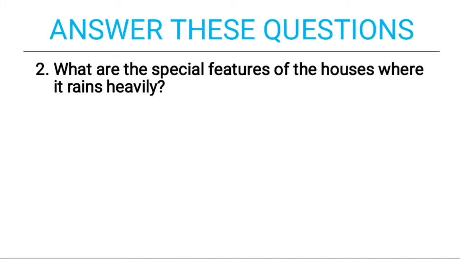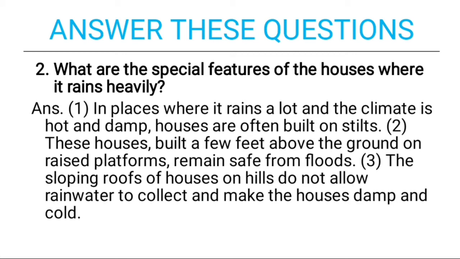Second question, what are the special features of the house where it rains heavily? In places where it rains a lot and the climate is hot and damp, houses are often built on stilts. These houses are built a few feet above the ground on a raised platform so that they remain safe from floods.